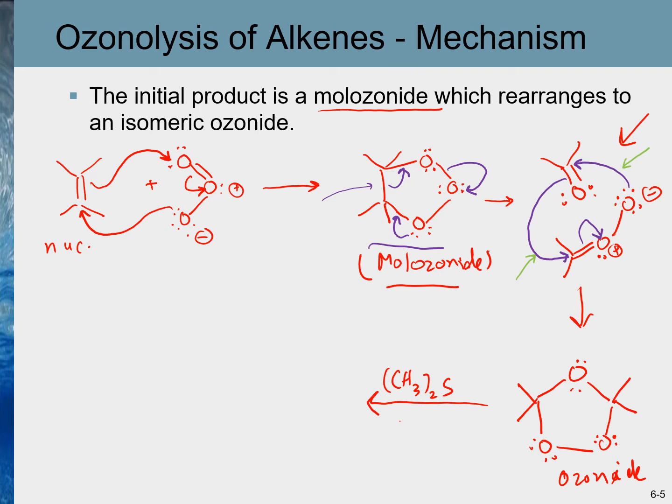So this is our reducing agent. Ozonides break down when they react with a reducing agent, and they result in the formation of final carbonyl fragments.